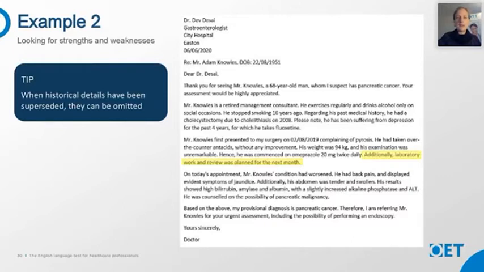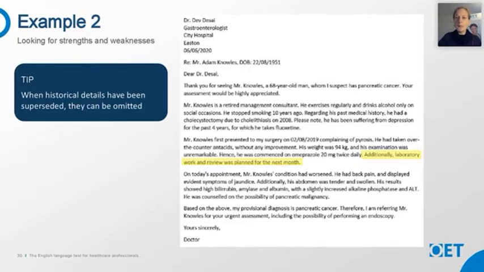And another question, there are 5 sections in this letter. The first and the last explain the reason for writing and make a request of the reader. And the middle 3 paragraphs cover background information about the patient, the patient's first visit, and the patient's appointment today.